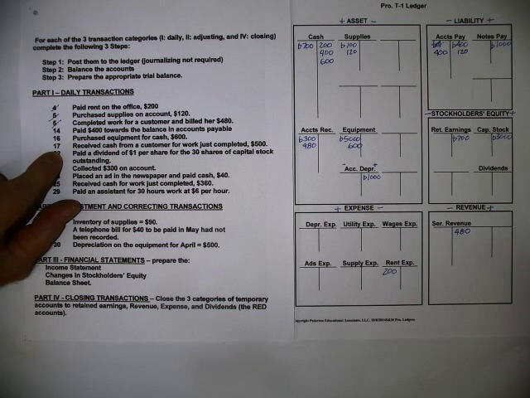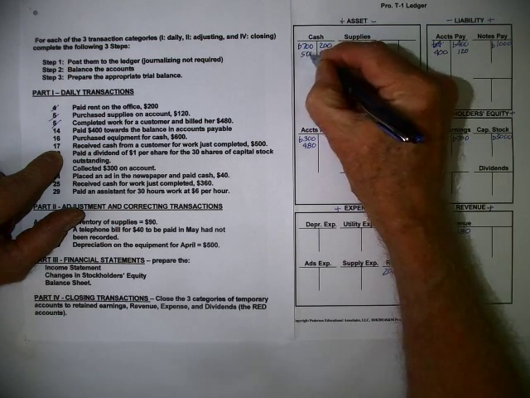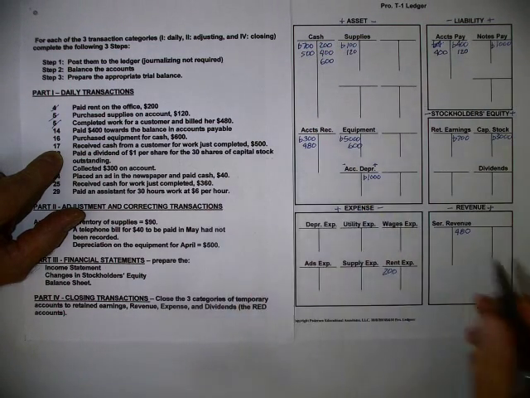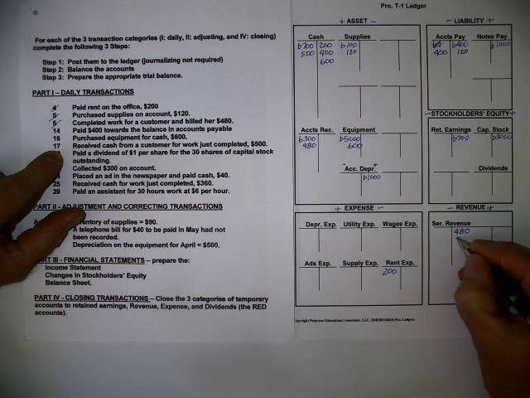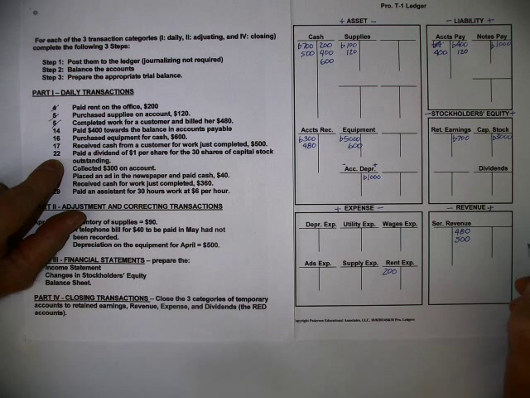Receive cash from a customer for work just completed, $500. That's like a cash transaction. So we're going to debit cash for 500, and we're going to put the $500 into service revenue. Paid a dividend of $1 per share for the 30 shares of capital stock outstanding. All right, now dividends is a transfer of profits back to the stockholders.